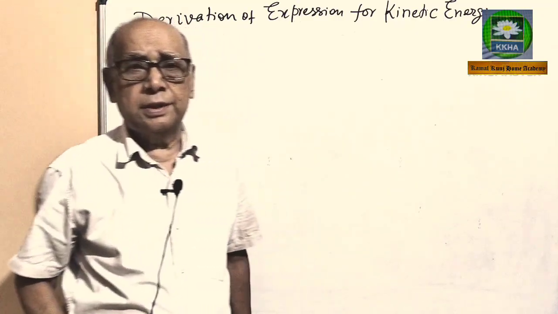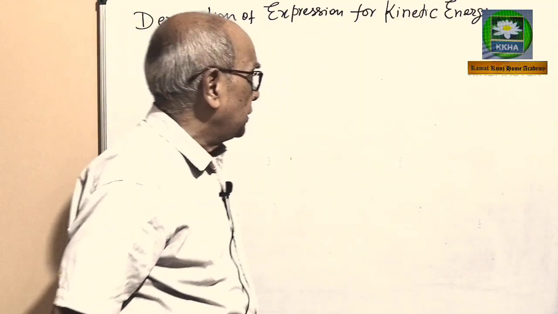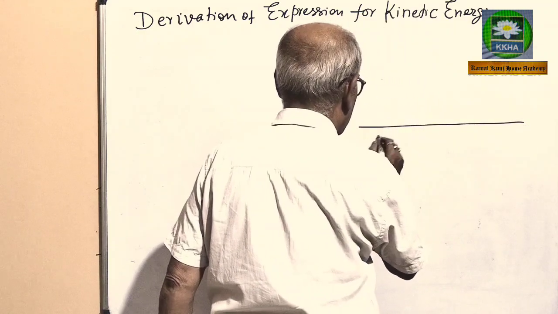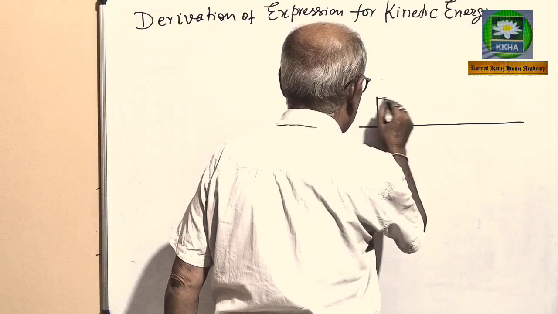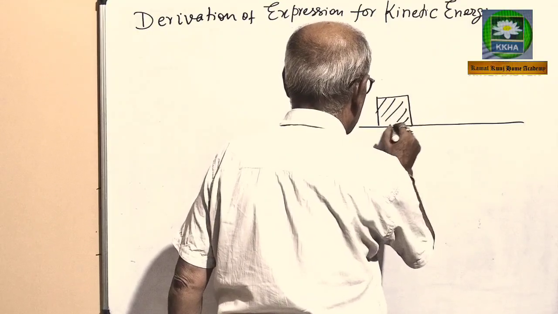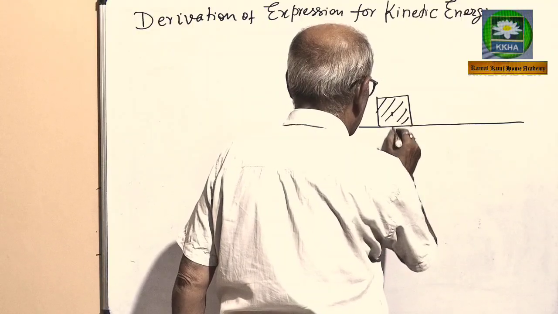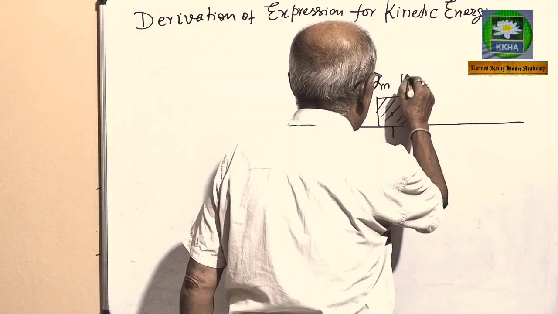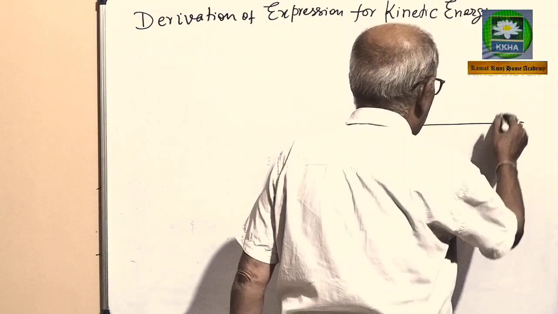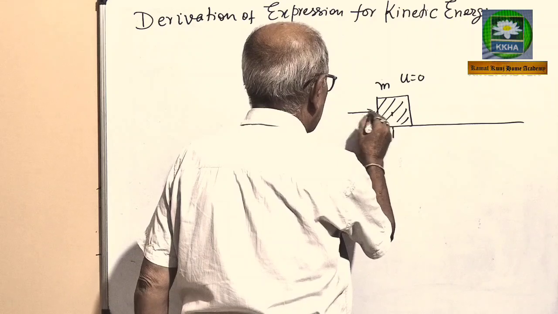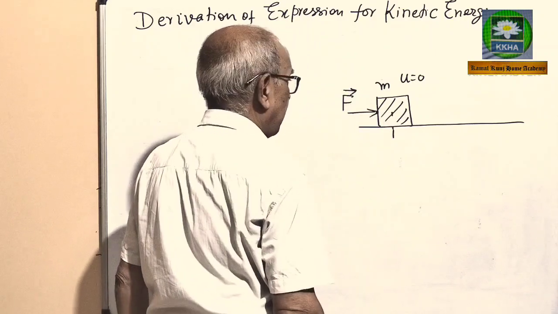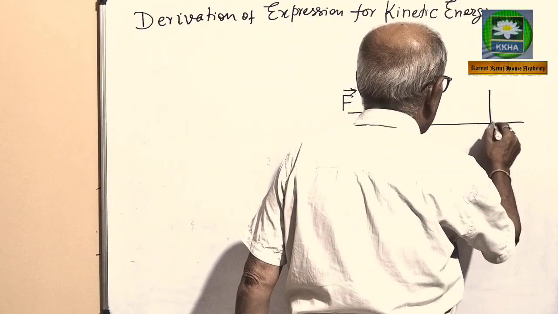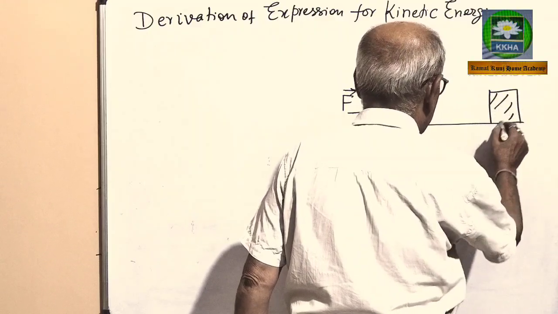Now let us suppose that a body of mass m is lying on a smooth surface. Its mass is m and initial velocity is 0, and a force F is applied on it, and due to this force it moves through a distance s.